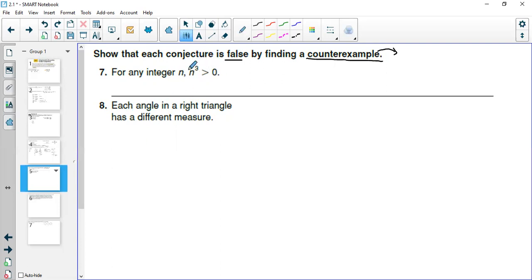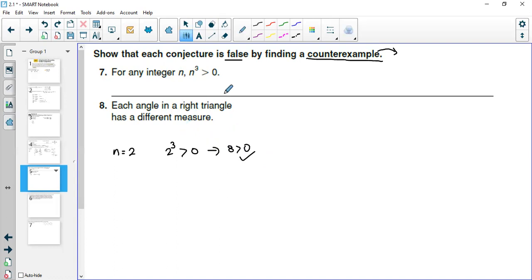So let's replace n with any number, for example n equal to 2. Then 2 cube is greater than 0. The value of 2 cube is 8, which is greater than 0. But here the conjecture is right, and we need to prove it false.